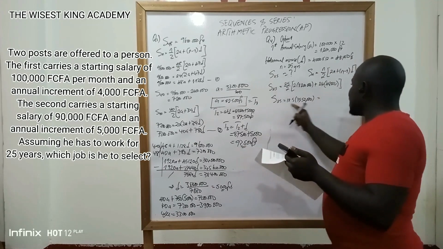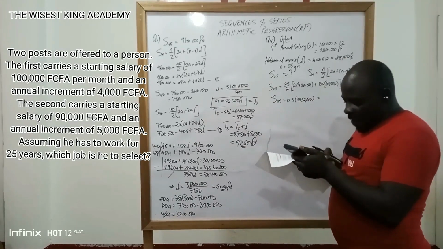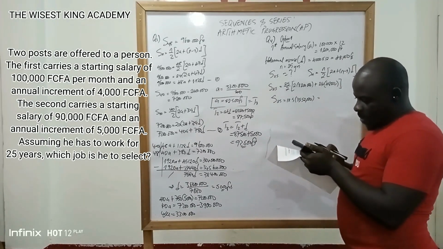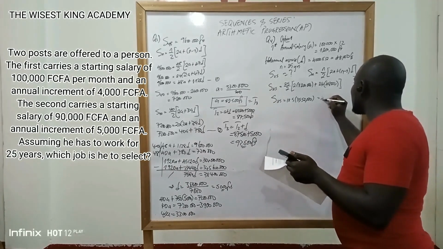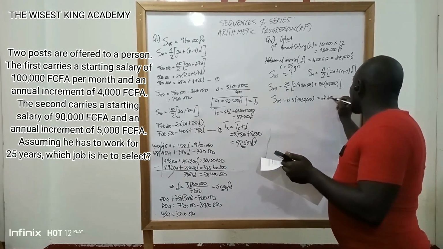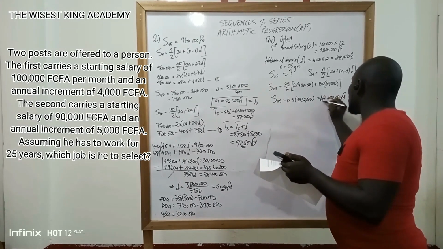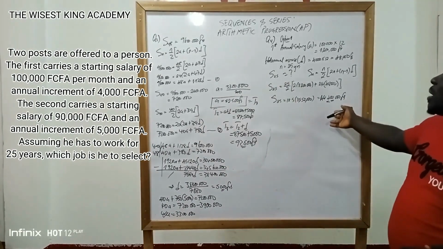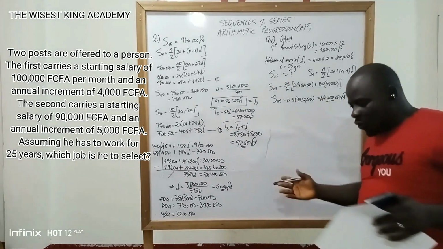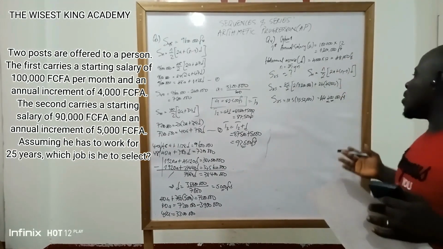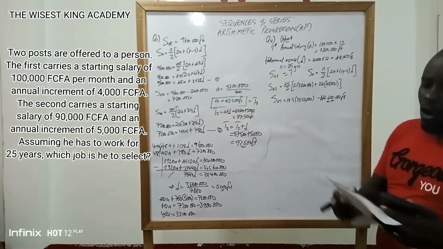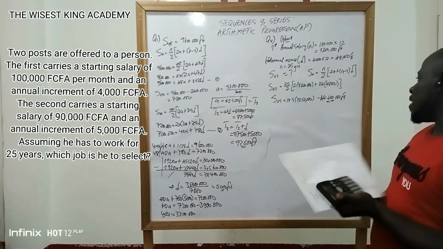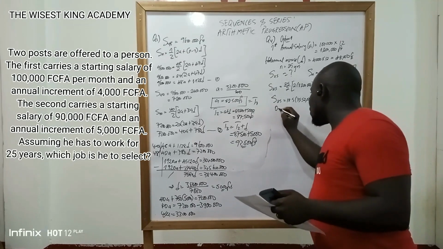So we multiply by 12.5. We're going to have 44,400,000 francs here. This is what this person is going to have for the first option. Over a period of 25 years, the total money that he must have received is 44,400,000 francs.